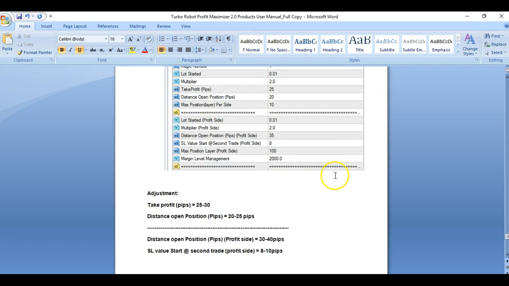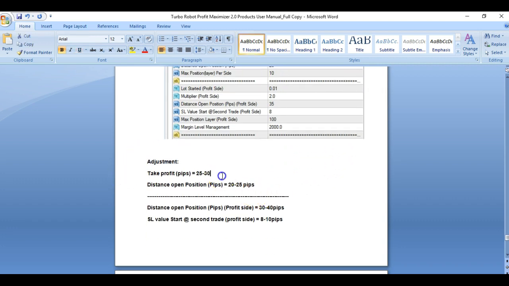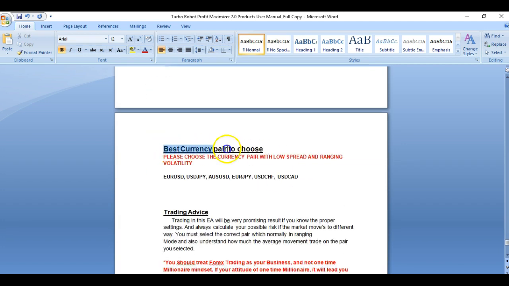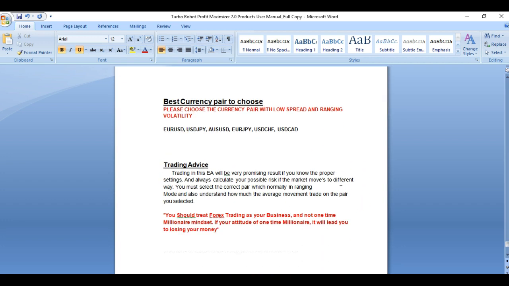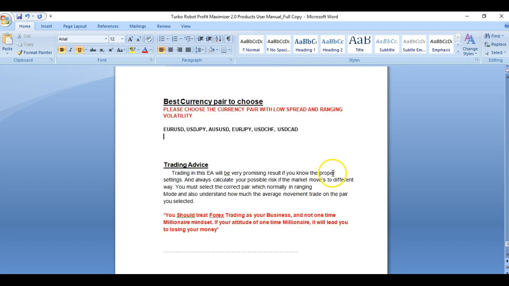This is mainly only the full copy manual, and we have adjustments over here, and it depends on you. Okay, all right. So we also have the best currencies to choose for this EA, because we have chosen these currencies after trying them live. So we have trading advice as well, and yeah, that is for the manual.